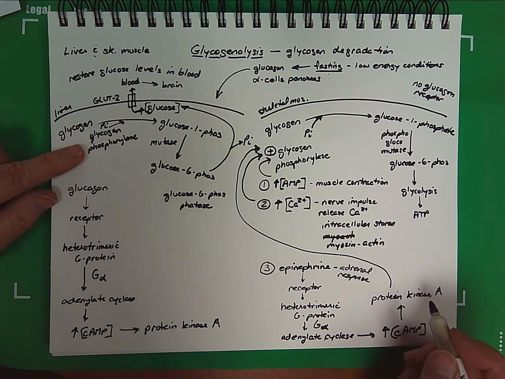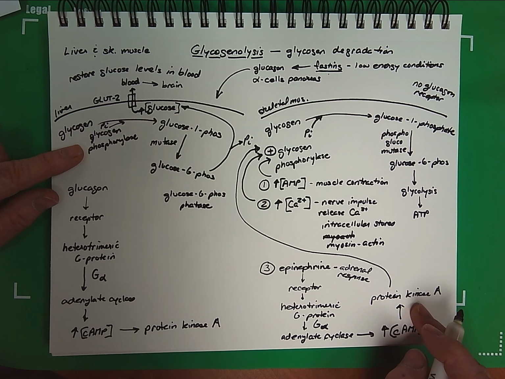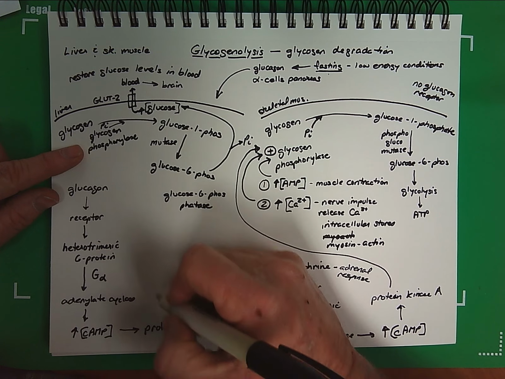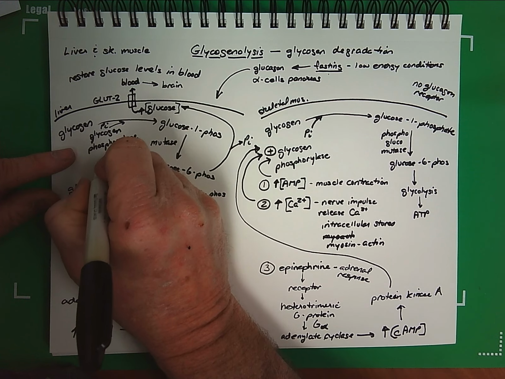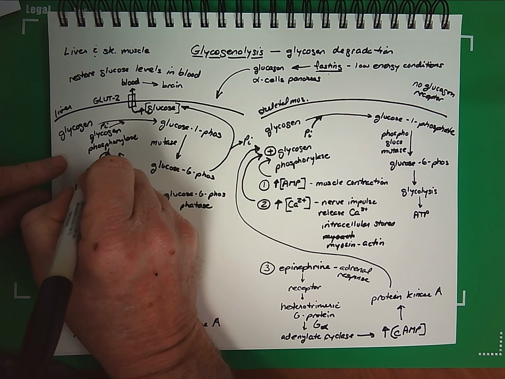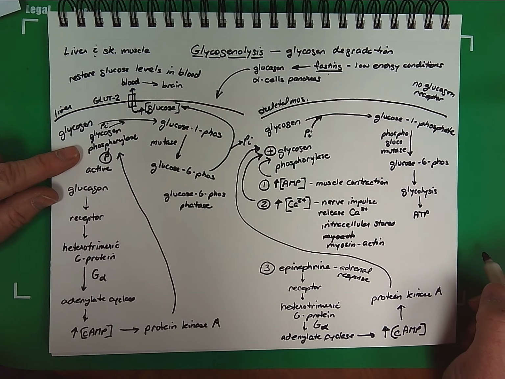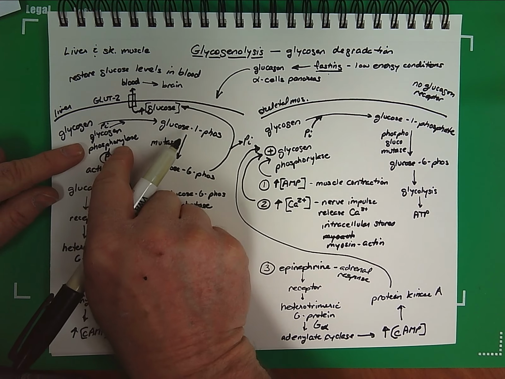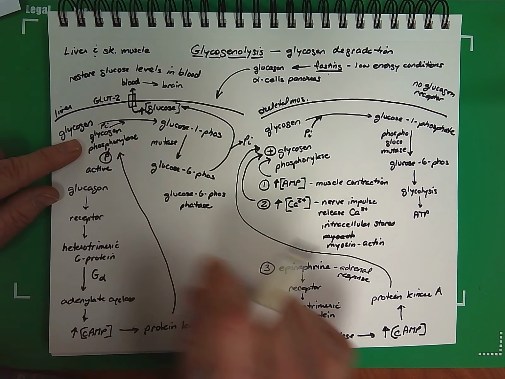You already know what happens with protein kinase A because it's the same event that happens in skeletal muscle. Protein kinase A will phosphorylate glycogen phosphorylase, so it becomes active. Glycogen phosphorylase activity then releases the glucose from the glycogen stores.